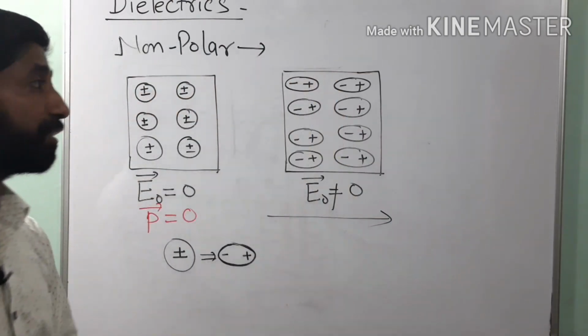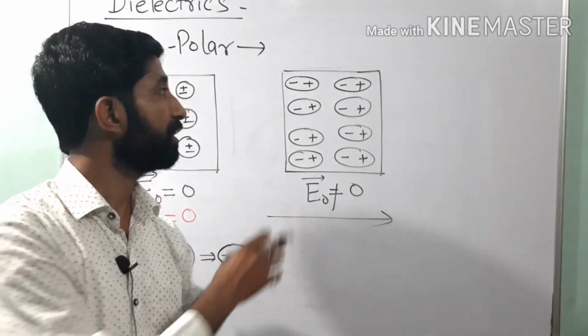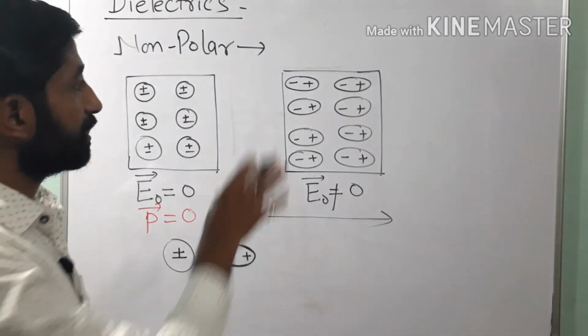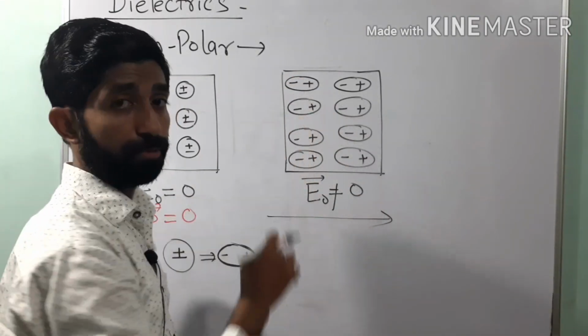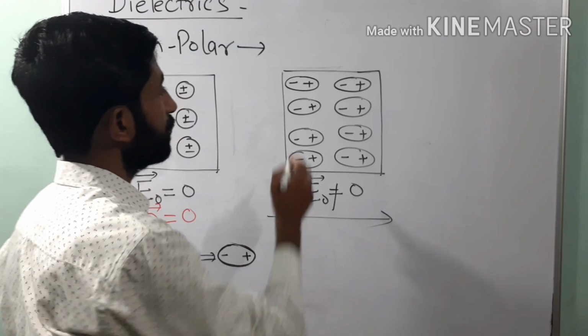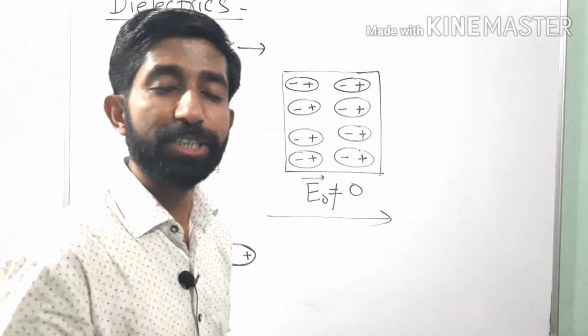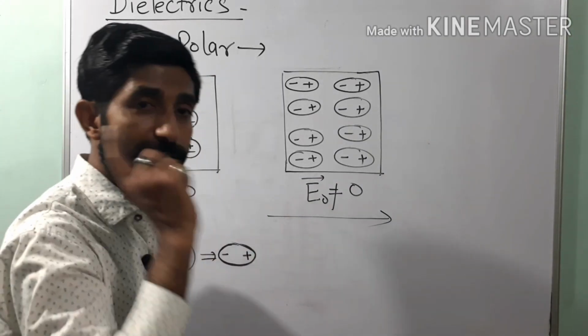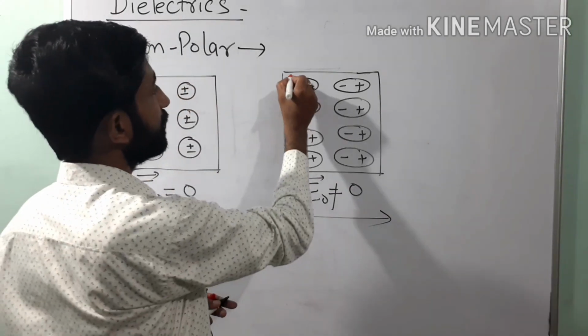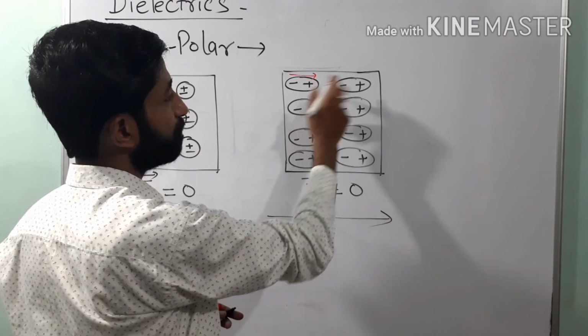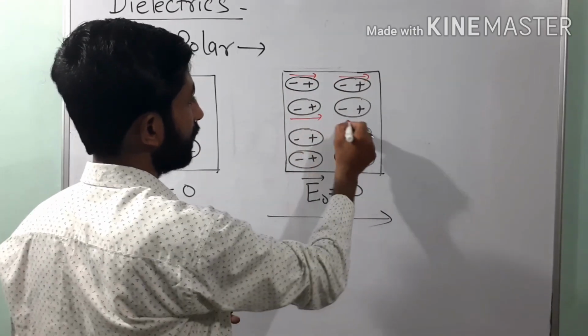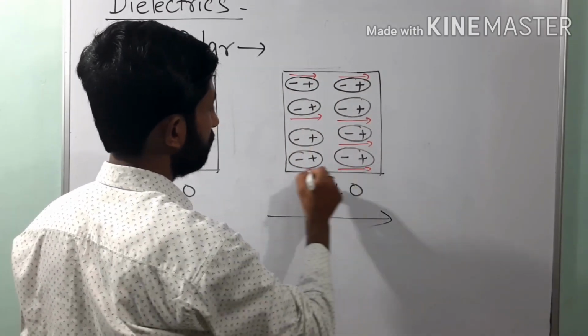Now again the scene is a little more the same as in the case of polar molecules. The electric field has distorted the molecules, reshaped them. Now is there any dipole moment being produced in each and every molecule? Obviously the answer is yes. See, this is its dipole moment from negative to positive. It is negative to positive, negative to positive.